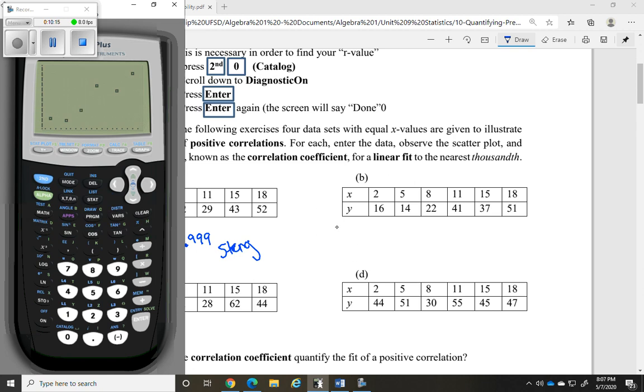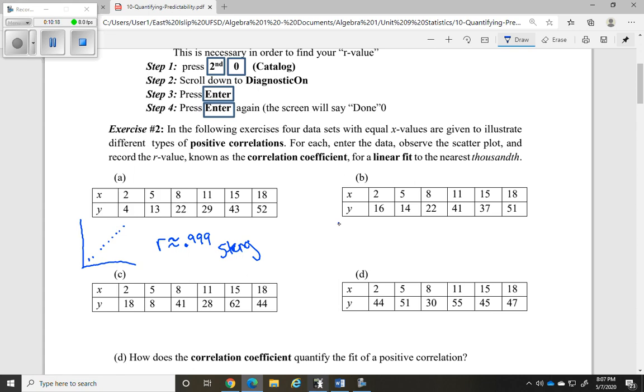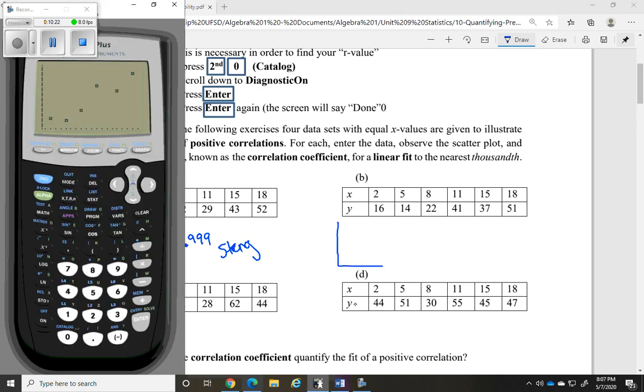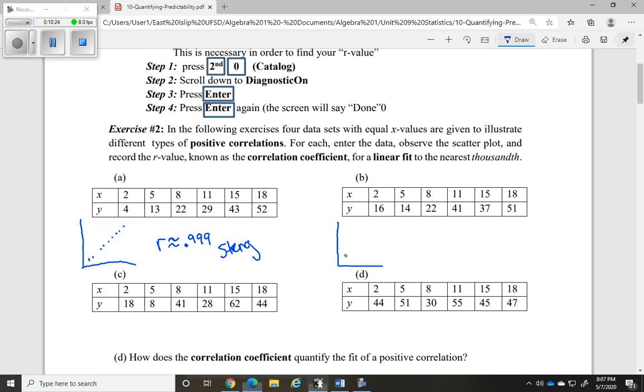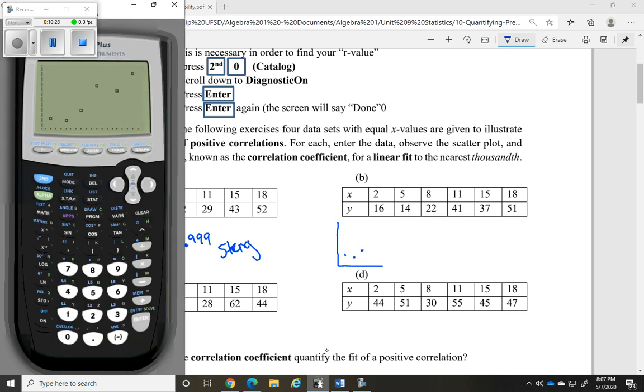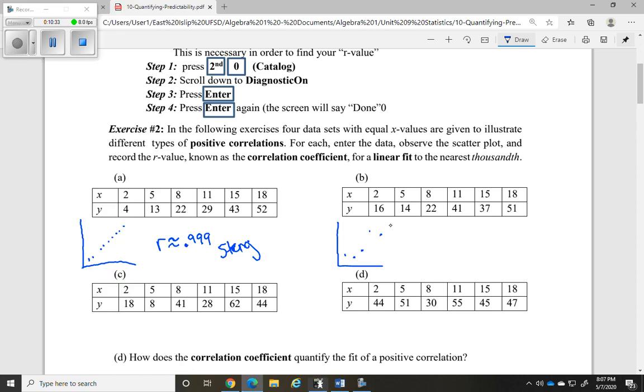If I were to try and copy that information onto my paper, I would see something like this. Okay, it's still positive. But I'm expecting the R value to not be as close to 0.999 since the points are a little more spread out.